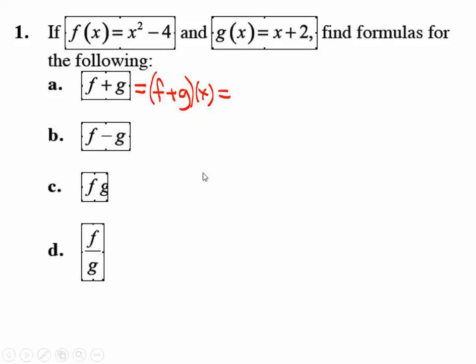Based upon our definition, this means it's the f of x plus the g of x functions, the two functions added together.